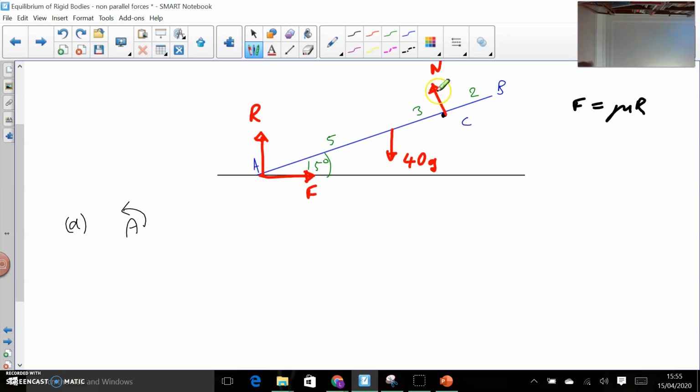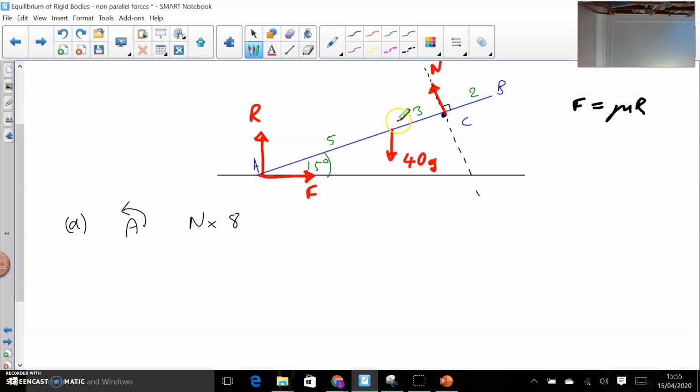Well, N's line of action is perpendicular to the rod. So the perpendicular distance from A to the line of N, the line along which the force acts, the line of the arrow, which is infinite, is just N times the distance 5 plus 3, 8.